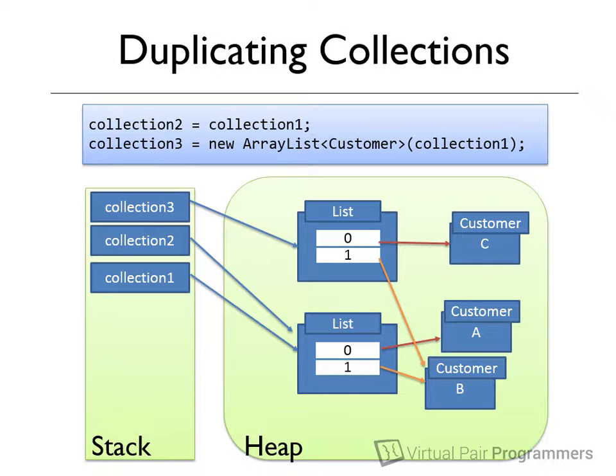Note that both of these collections have a reference to customer B. If there are fields that can be changed in customer B, then this will impact the original collection. And the other issue is that if the client changes their own copy of the collection, they might think that they're changing the original master copy, which could cause confusion.